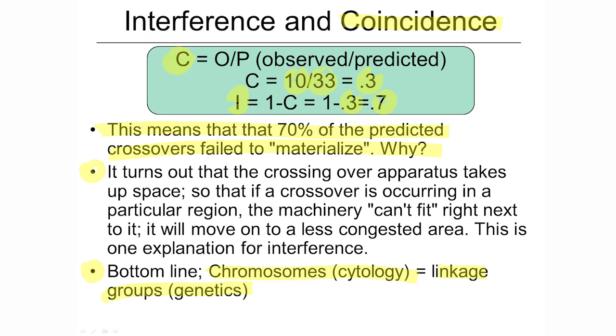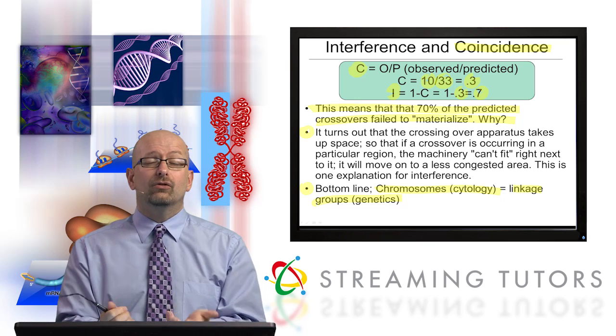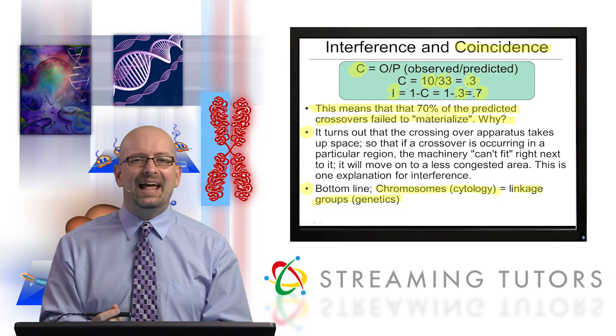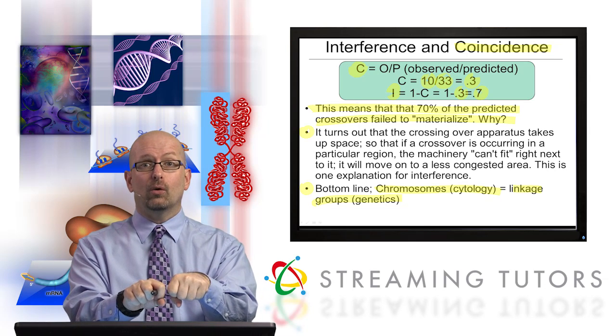So if it lands on, for lack of a better word, a chromosome and engages in a crossover in that particular region, another set of that machinery can't fit right next to it. So it'll bounce around and move on to a less congested area. So that's why interference happens. If it's already happening in one spot, it's less likely that it's going to happen in a very, very close by contiguous spot. An analogy is escaping me, but it shows that there is something physical going on here, is my point.